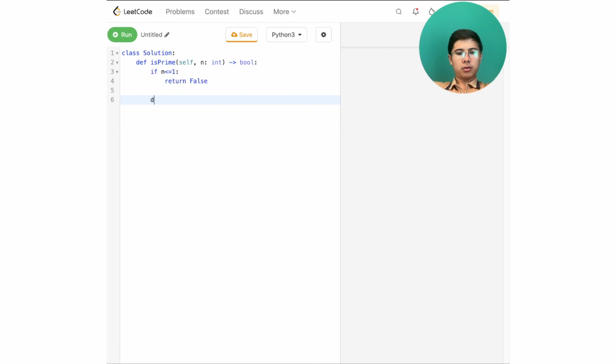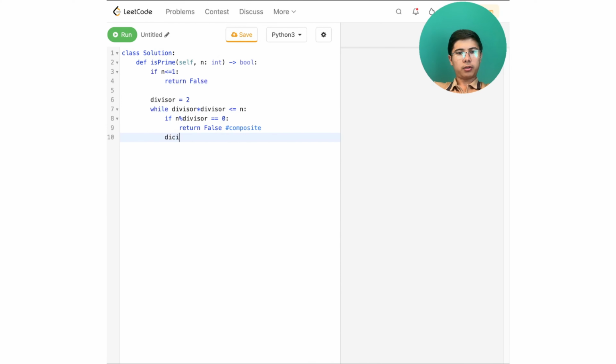Then, while divisor multiplied by divisor, which is the square root check, is less than or equal to the input n, we write the condition: if n modulo divisor, which returns the remainder, is exactly equal to 0, which means it is divisible, then it returns false. False means the number is composite.